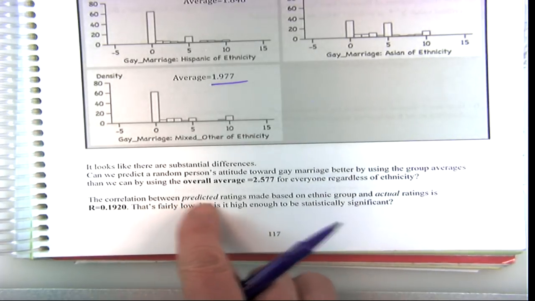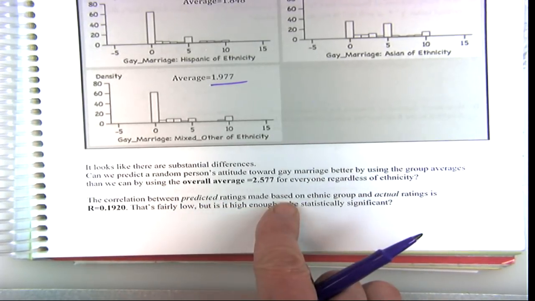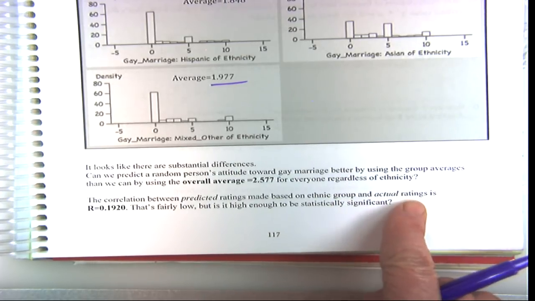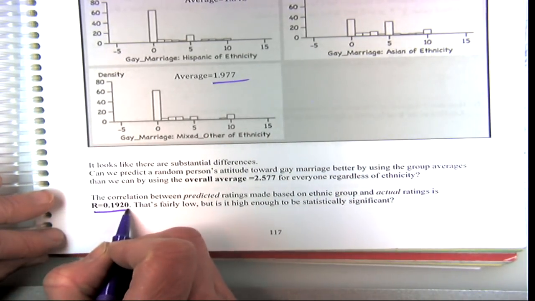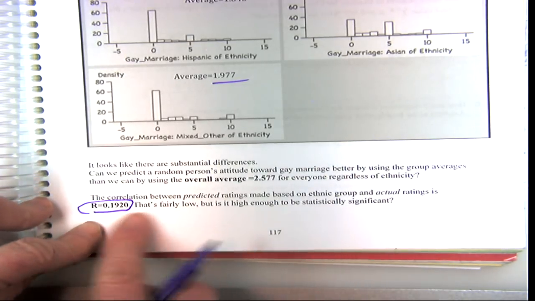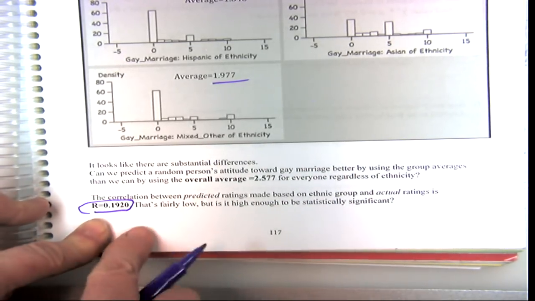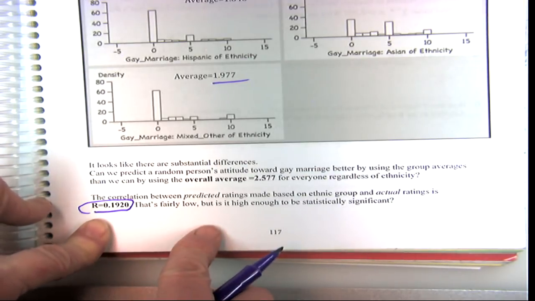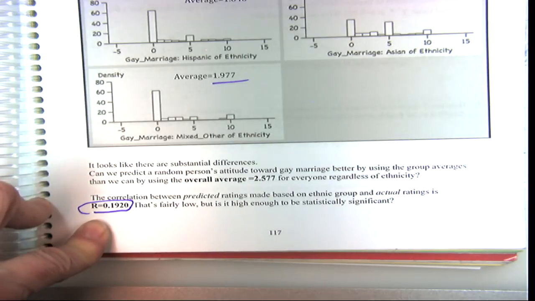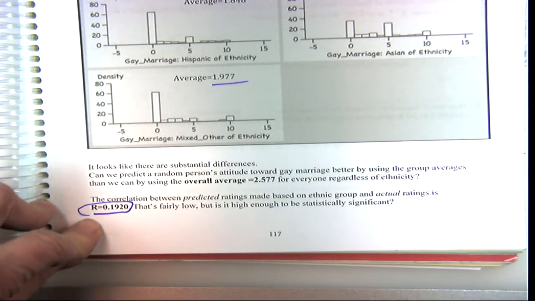The correlation between the predicted ratings based on ethnic group and actual ratings is this. This is our R. That's fairly low. But is it big enough to be statistically significant? That's all a significance test answers.